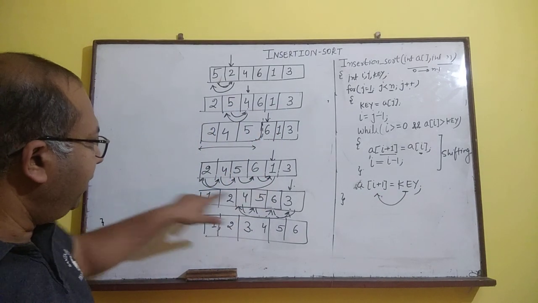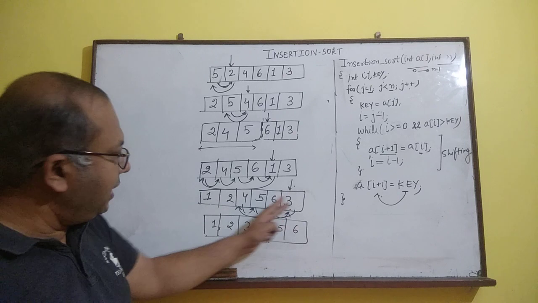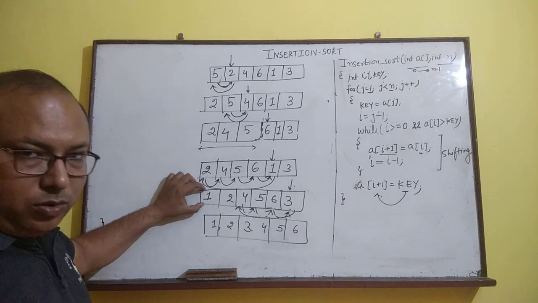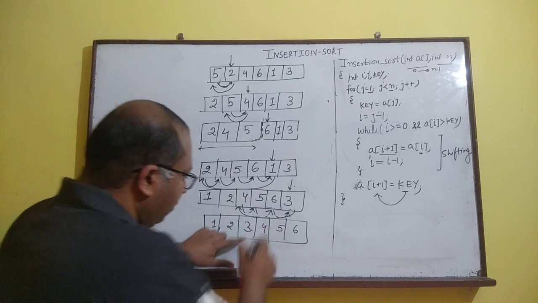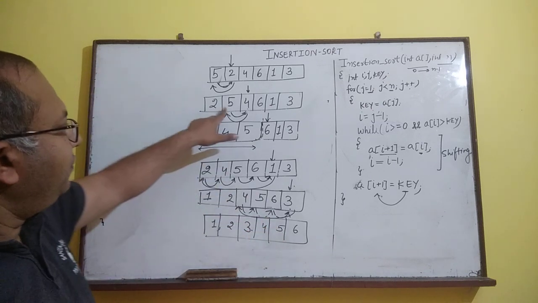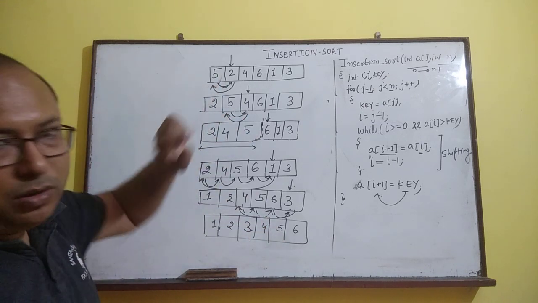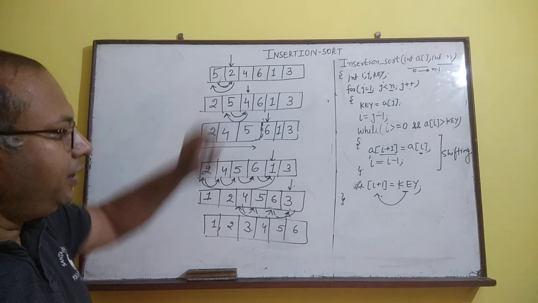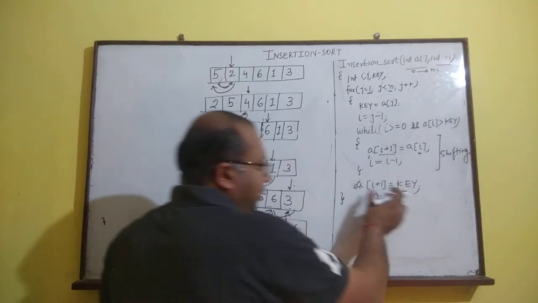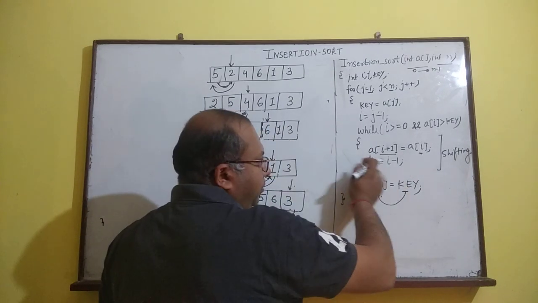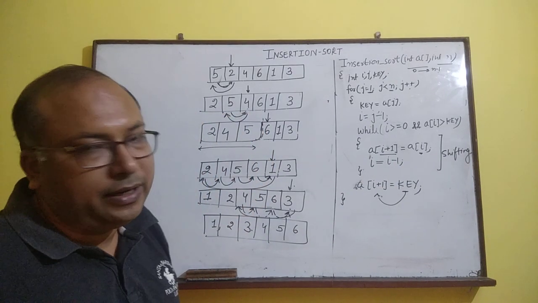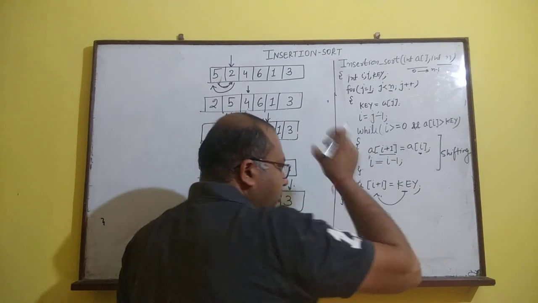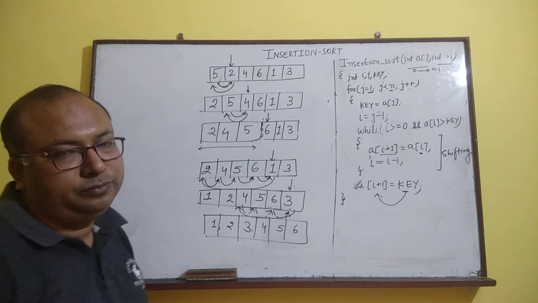This is what we did here, because if all the elements have been shifted, then the blank hole will be created here. If this element is shifted, the blank hole will be created here. Same thing, because all elements have been shifted, at i plus 1 the blank hole will be created. So the key value will be stored at that blank hole.